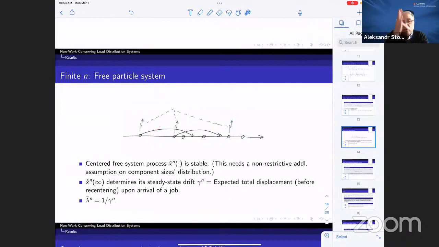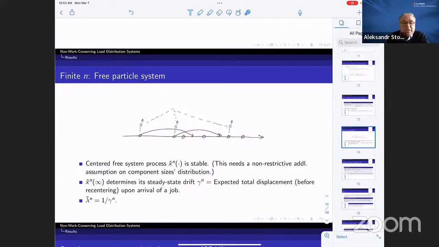this particle system, if you look at the centered system, will have a stationary distribution, and this stationary distribution will determine the average drift of the whole thing. It can be positive or negative. So if you define, for example, gamma n as the average displacement, the average jump forward of the particles given one urge to jump, then this is determined by the stationary distribution of the centered states. This is a well-defined thing.